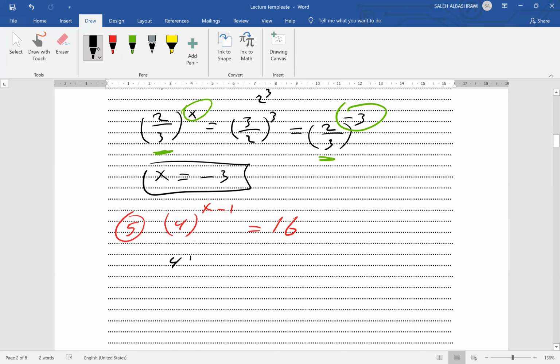Then 16 can be written as 4 to power 2. So this means that the powers, which is x minus 1 equal to 2, or x equal to 3. So the solution for this exponential equation is that x equal to 3.